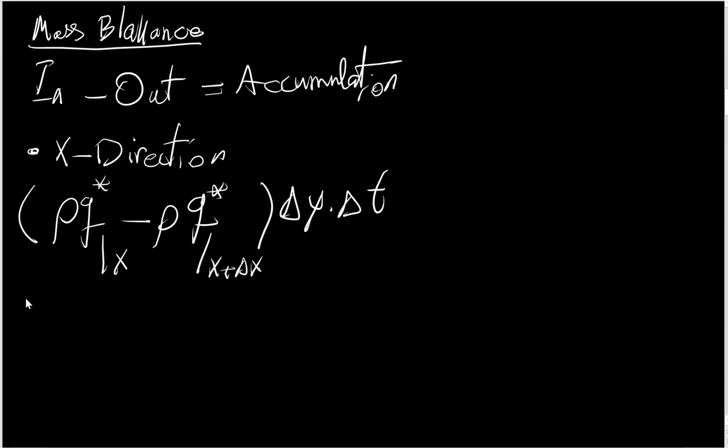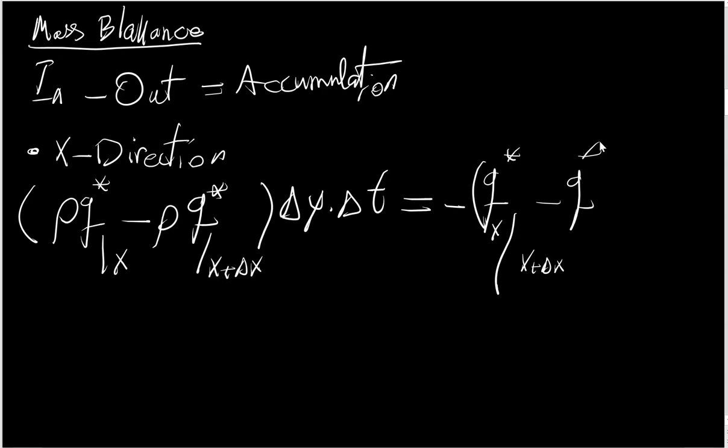You can simplify this into rho q star x at x plus delta x minus q star at x, times delta y delta t.